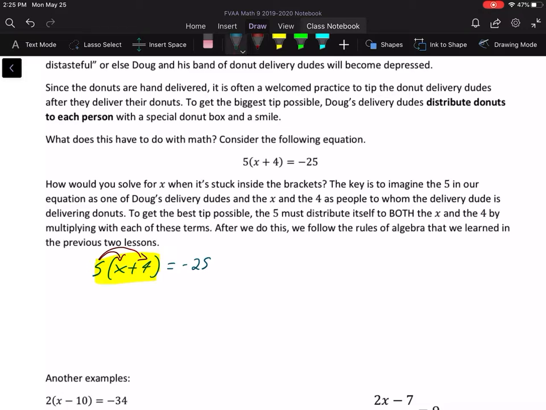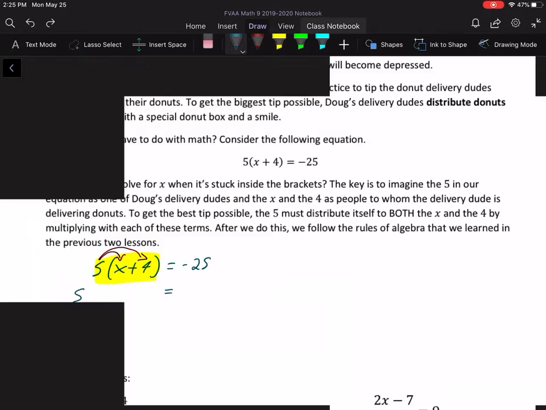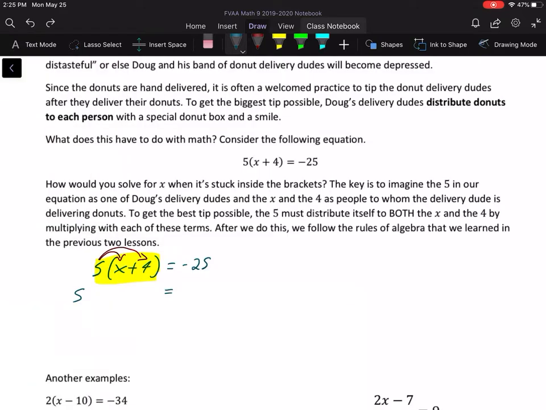So on this side, it becomes 5 times x plus 5 times 4, because that 5 is multiplied to both of the expressions inside of my bracket.